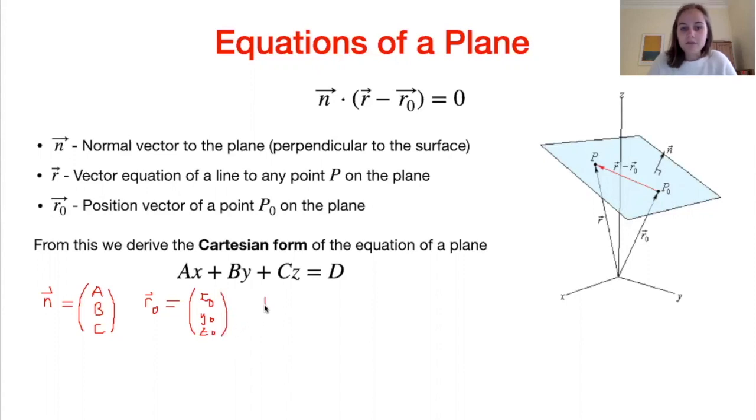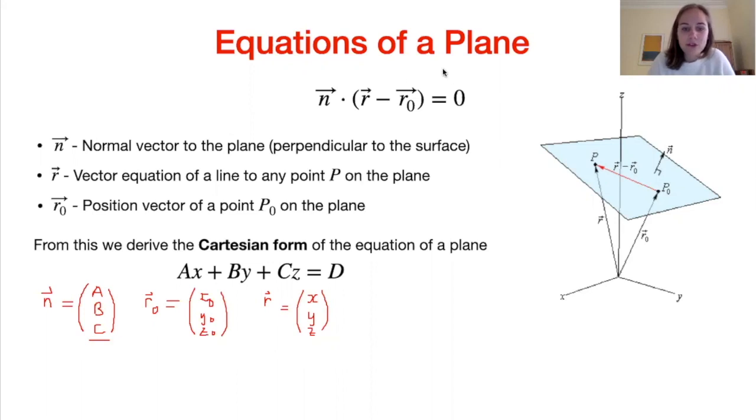Then R, which is the vector equation of a line to a point P on the plane, well, we want to be able to describe any point with any coordinates. So we're going to give this some arbitrary coordinates x, y, z. So what we know here is the components of our normal, and we know a point on the line, and we're trying to describe this set of coordinates x, y, z, which describes all the points on the plane.